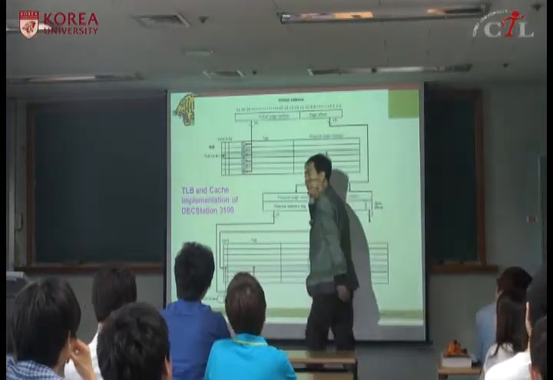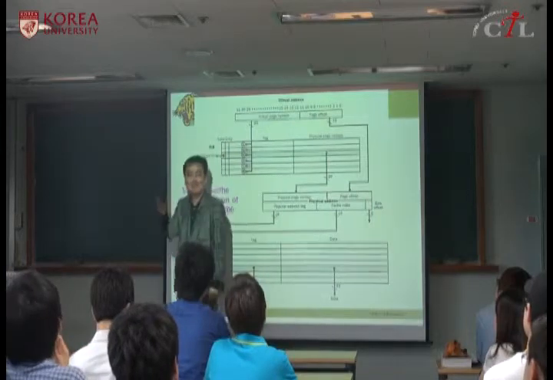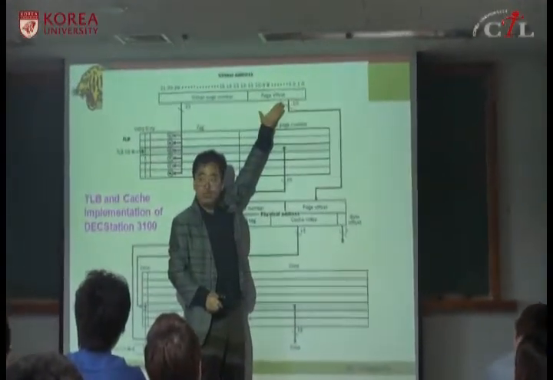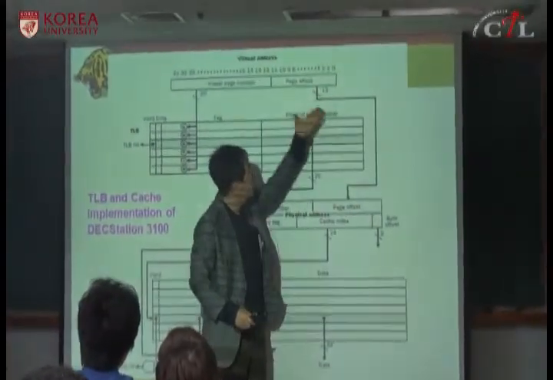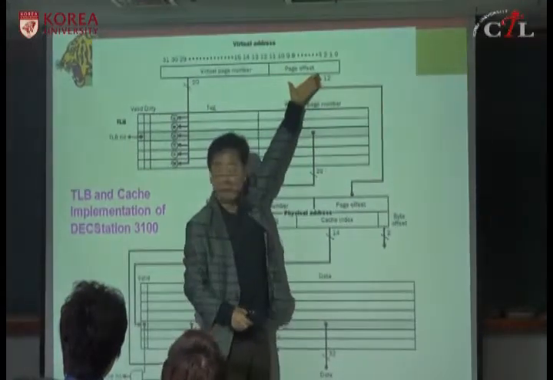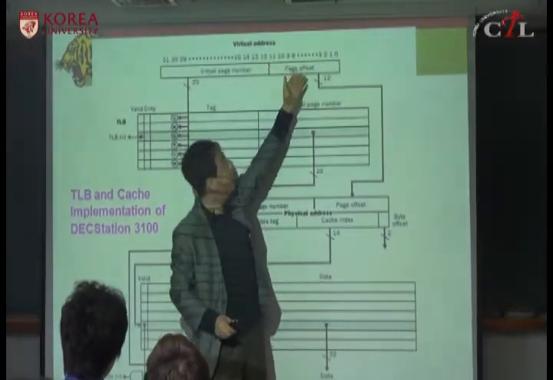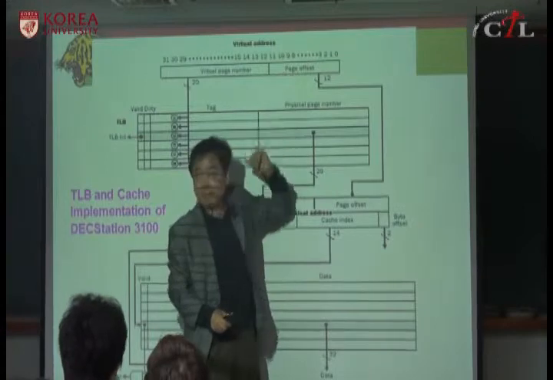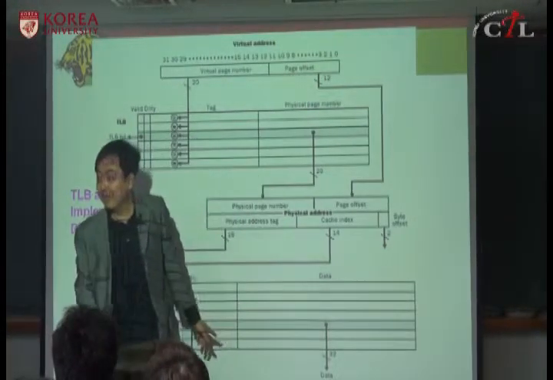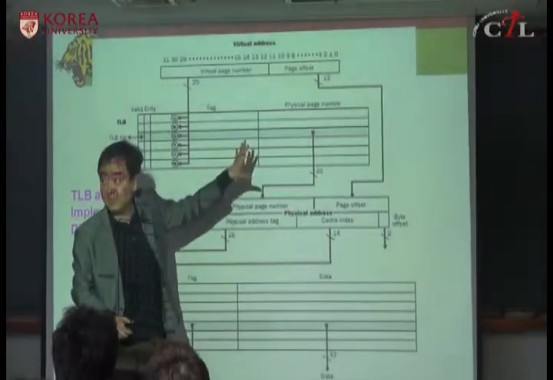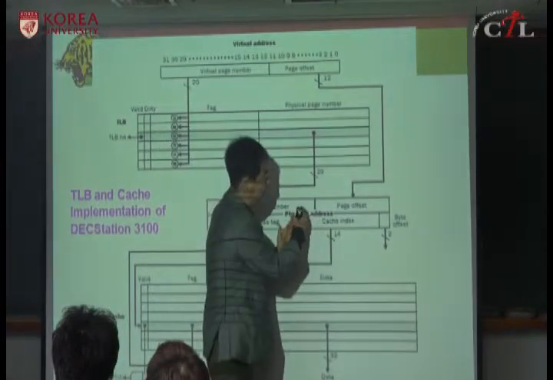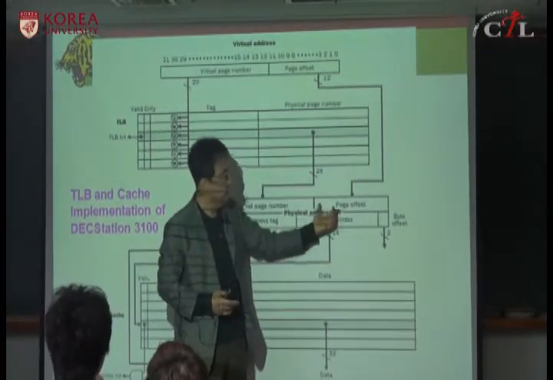Okay, there are two options. So he has a point. If you look at the virtual address page offset and the physical address page offset, this portion is the same as the physical address. So if you can extract the index from the virtual address page offset, you can start decoding in parallel with the TLB search. But the problem here is the cache index is actually larger than this page offset.